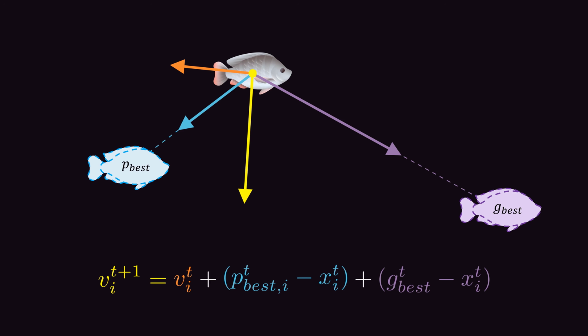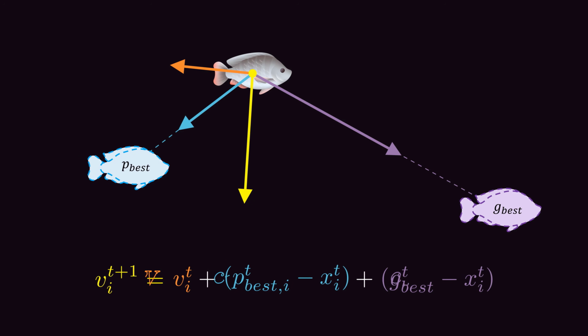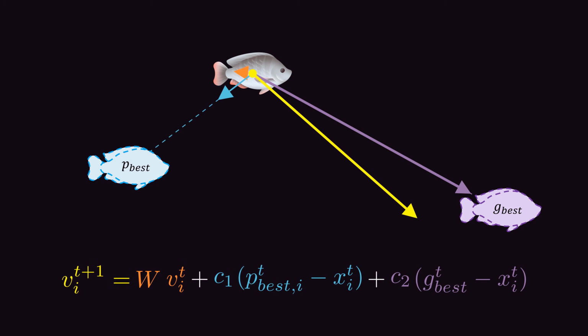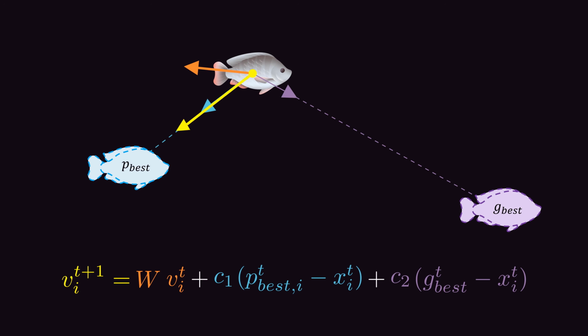To balance the influence of each one of them, we have three hyperparameters: the inertia weight W, which is the factor by which we multiply the current velocity, the cognitive coefficient C1, which is the factor by which we multiply the effect of the personal best position, and the social coefficient C2, which is the factor by which we multiply the effect of the global best position.